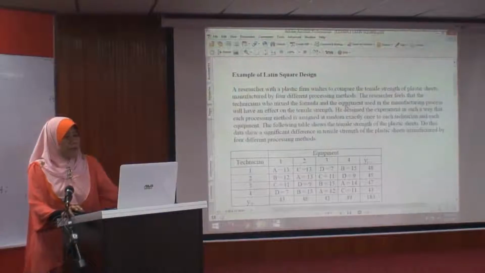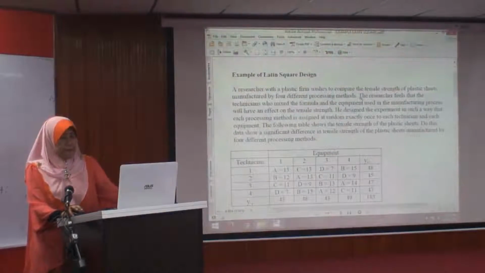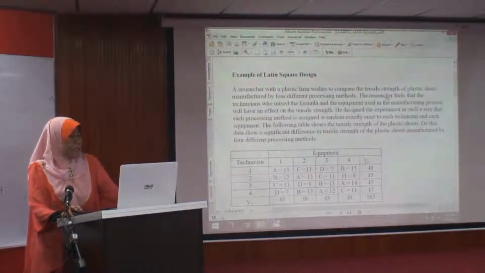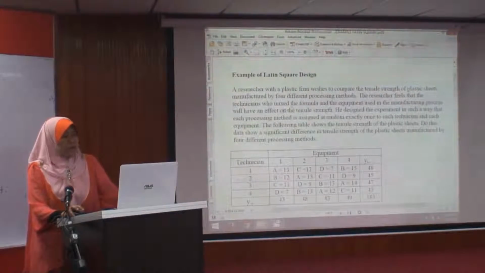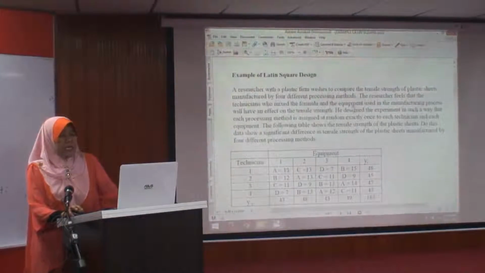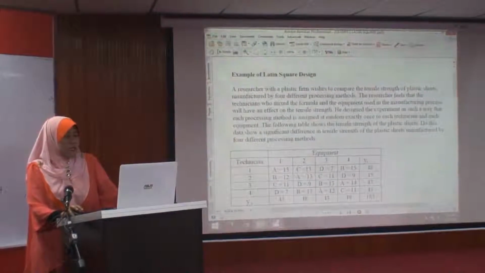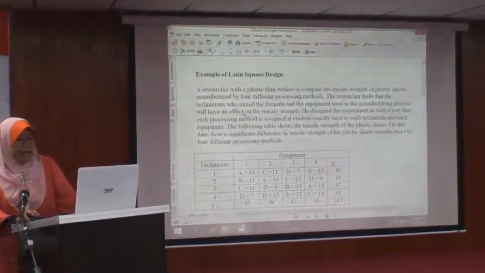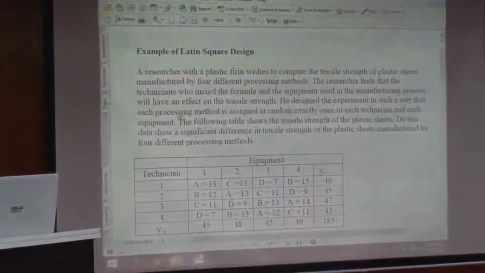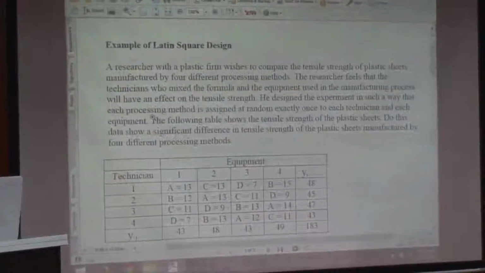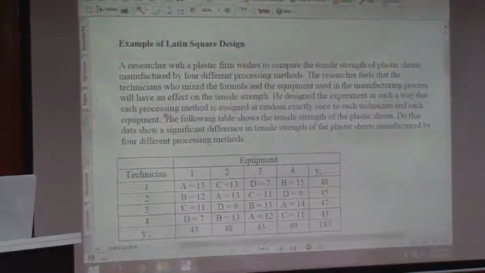So in this example, if you read carefully, you can see that the researcher feels that the technician who mixes the formula and the equipment used in the manufacturing process will have an effect on the tensile strength. Meaning that here there are 2 extraneous factors that will affect the experimental result.